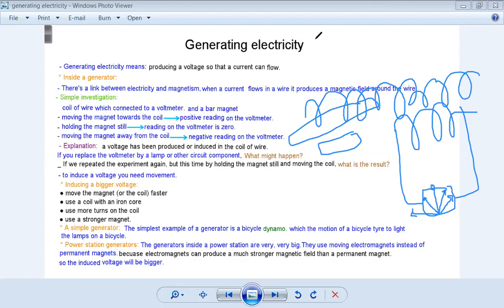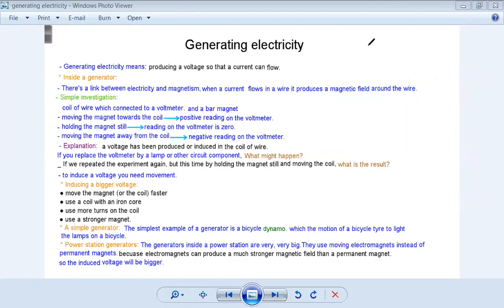So now let's talk about simple generators. We can build a simple generator. The simplest example of a generator on a bicycle is the dynamo. We all heard about this dynamo.